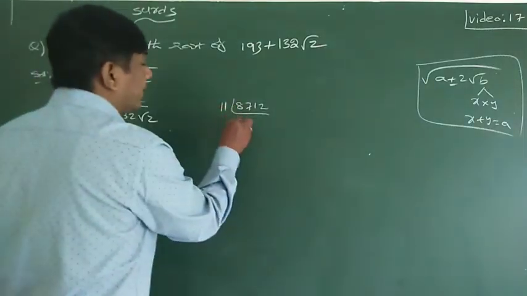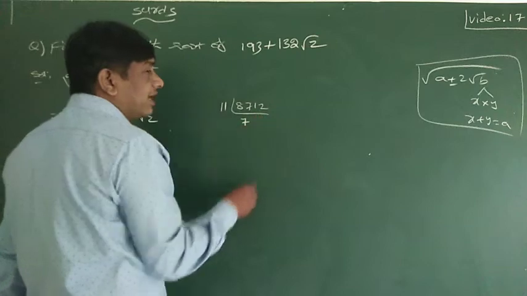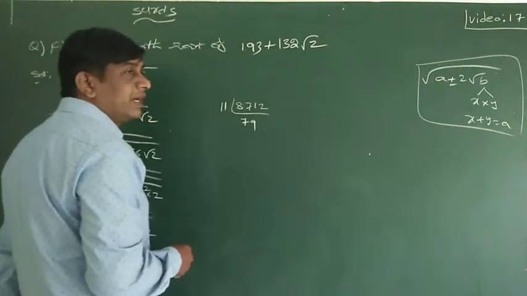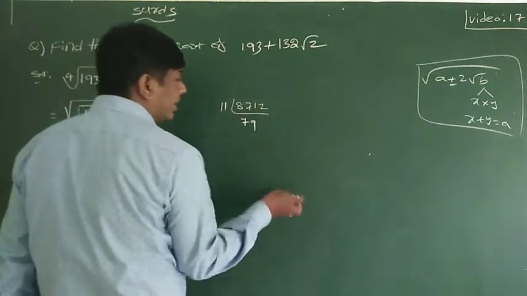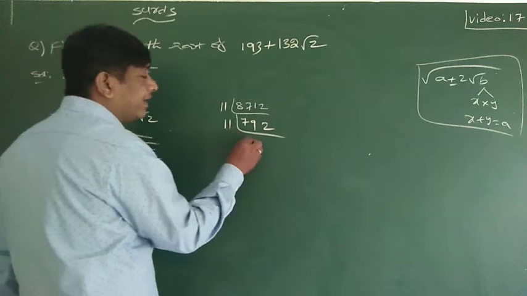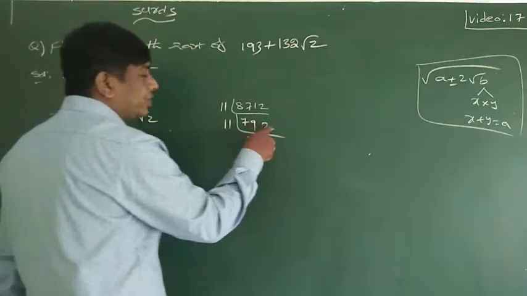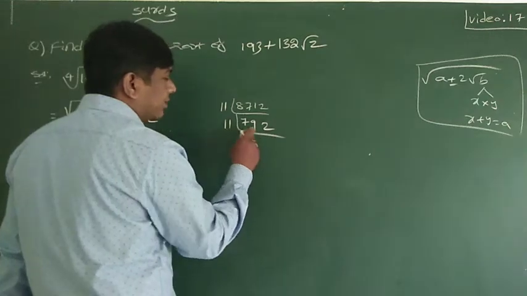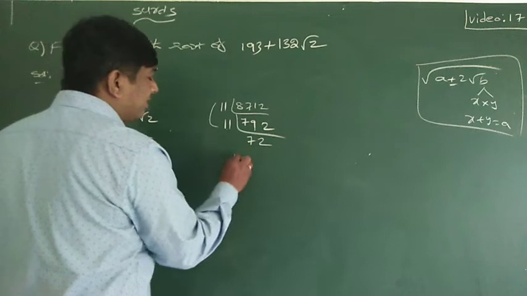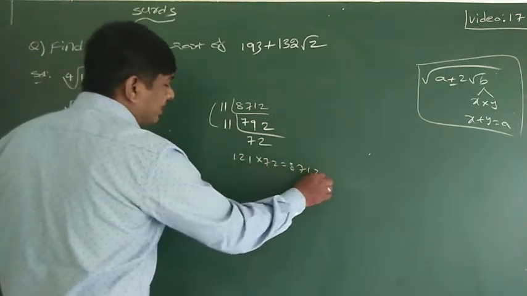Check with the 11 table. 11 7s are 77, 11 9s are 99. 11 2s are 22. That means one more time you make it. 11 2s are 22. Now 11 11s are 121 into 72, whose value is 8712.